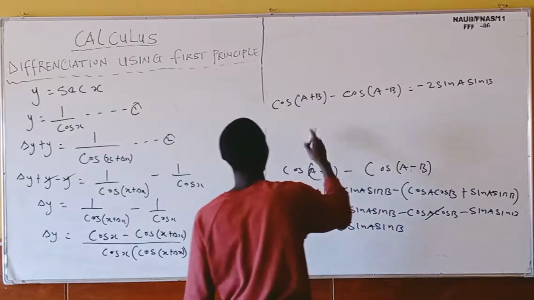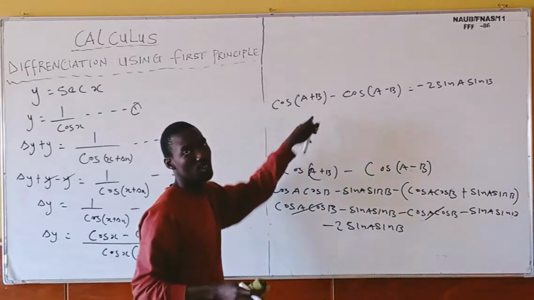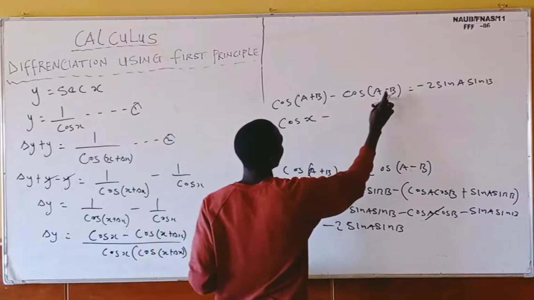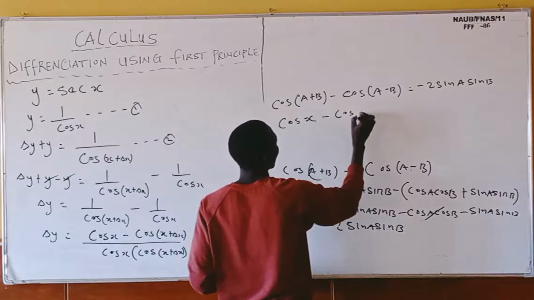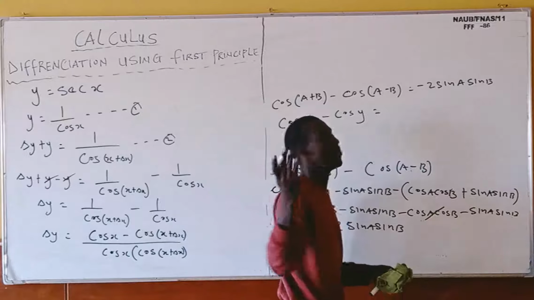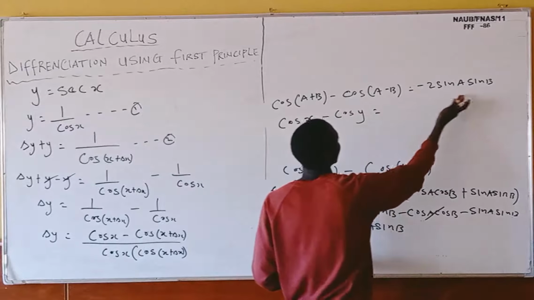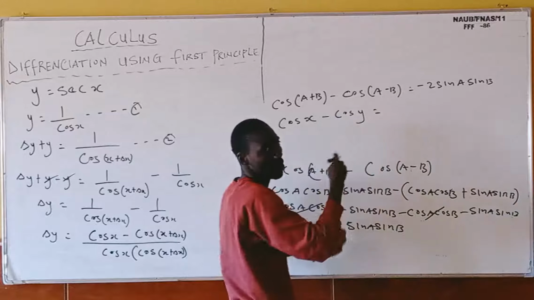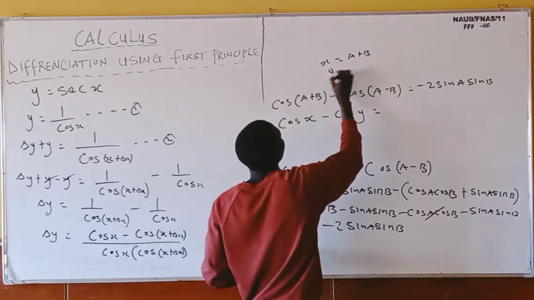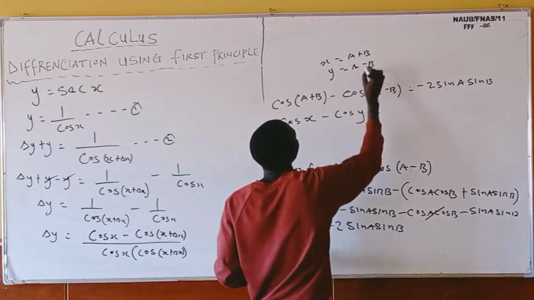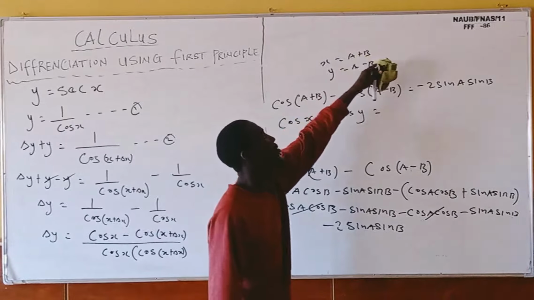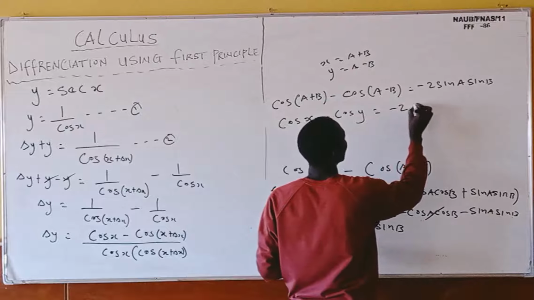But here we will say let a plus b equal S, so cos s, and minus, this one should be equal to Y. If you go back to my previous video, you will see that using simultaneous equations, if you say let s equal a plus b and y equal a minus b, and you solve this simultaneously, find a, find b, you will get that minus 2 sine.